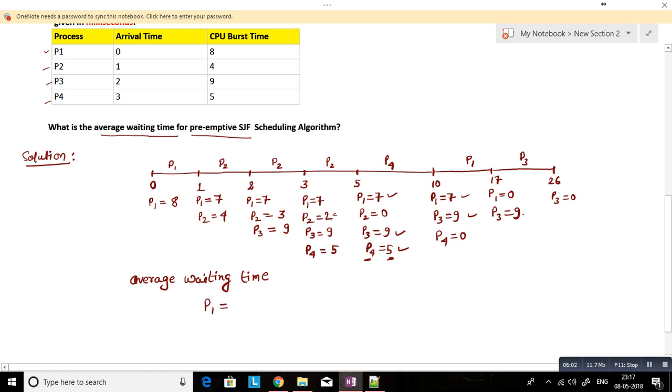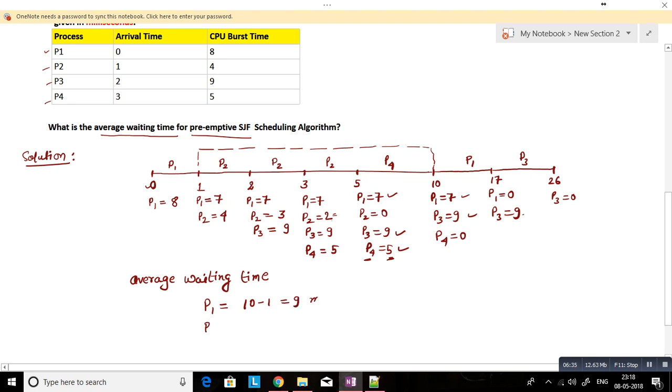P1 arrived at 0, and it has to wait up to 10. So P1 has to wait up to 10. So 10 minus 1, 9 milliseconds.